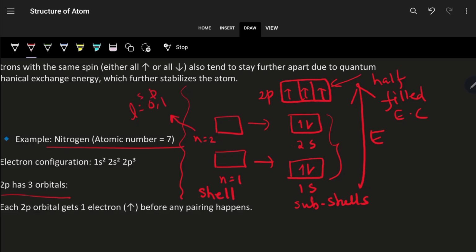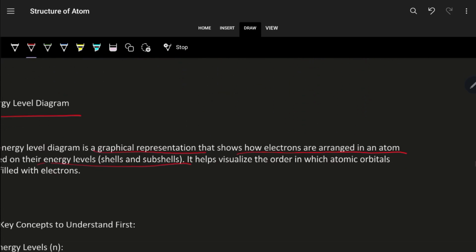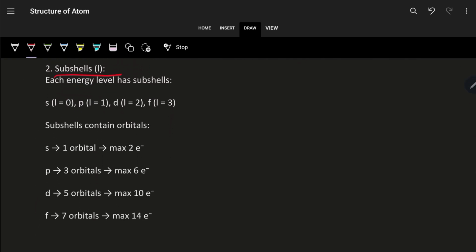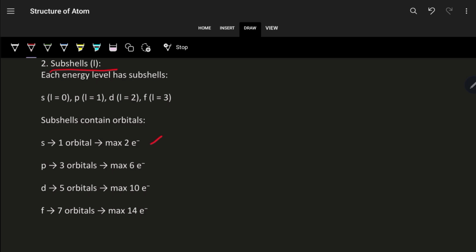So there was 2s and 2p. That is what was done. Okay, so after that you have to fill, keeping in mind that each orbital can have a maximum of 2 electrons, but each subshell can have a total depending on how many degenerate orbitals there are. p has 3 orbitals, so the p subshell can have a maximum of 6 electrons.